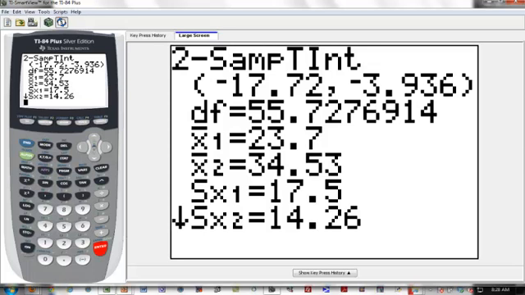Southerns must have been bigger, that's why we have negative numbers. And because this particular confidence interval doesn't have 0 in it, we have enough evidence to suggest here that the mean of the southern trees is actually bigger. We think that the true difference in the mean always favors the southern side.